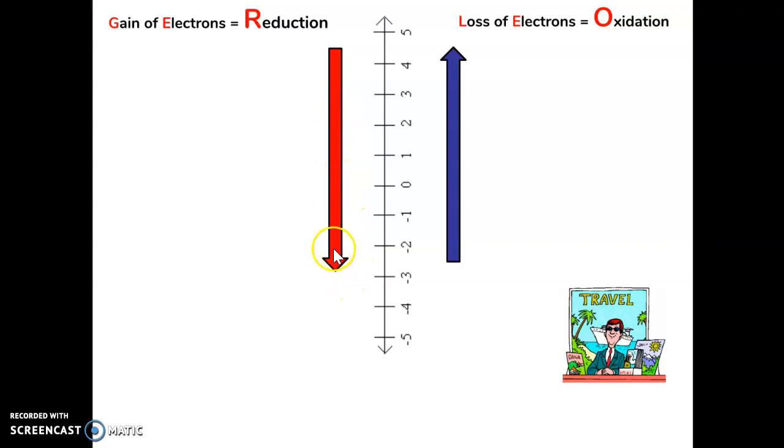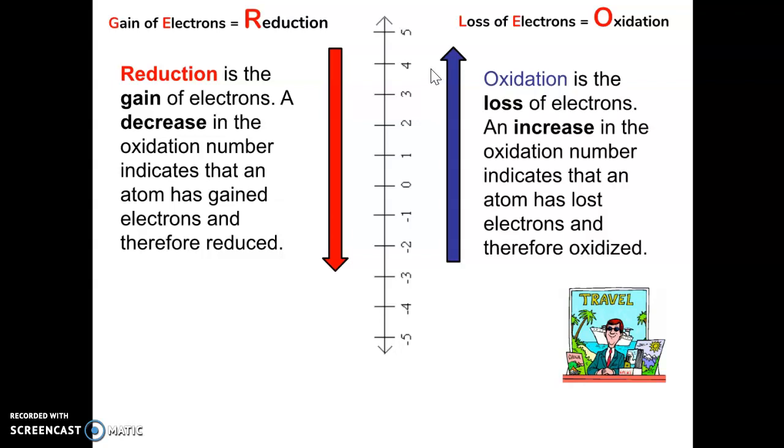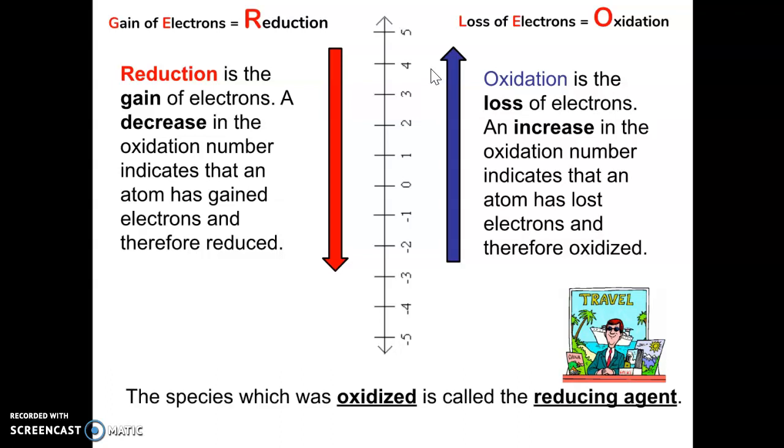So the oxidation number is reducing, going more negative. And if you're the thing being oxidized, you're losing electrons and your oxidation number is getting more positive. So reduction, gain in electrons, decrease in oxidation number. Oxidation, lose electrons and your oxidation number increases.